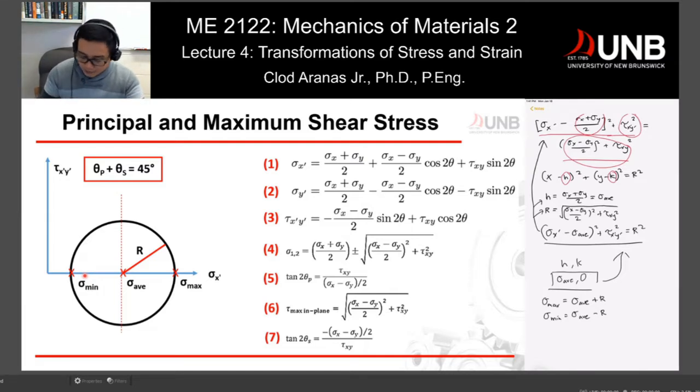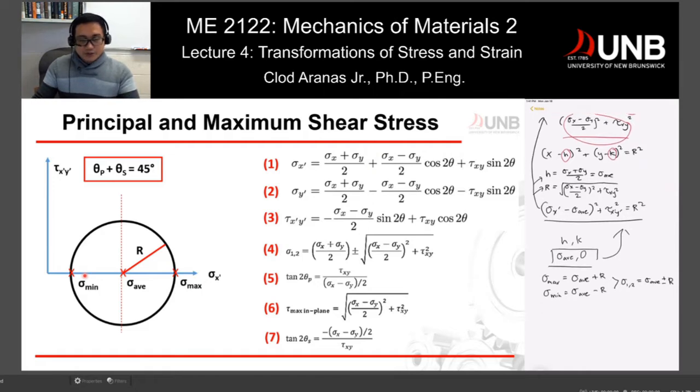This leaves you the following equation of minimum and maximum, which is also called sigma 1 and sigma 2. Later on, we are going to establish which is 1 and 2, min and max. But for now, let's use 1 and 2 as our maximum and minimum. That's equal to average stress plus and minus R. Just checking, you can still see it.